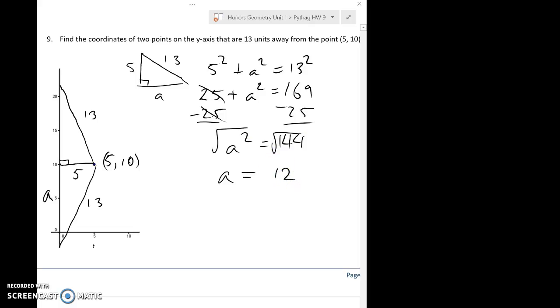Now, one of the things you need to be careful about here is that when I have a squared and I take the square root of both sides, anytime I introduce that square root, I need to have that plus or minus. But for our purposes right now, having a negative 12 as a distance doesn't make sense.